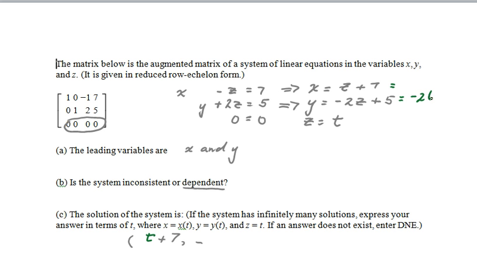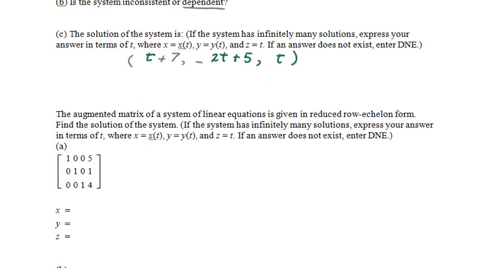So negative 2t plus 5 and t plus 7. So we've got t plus 7, comma, negative 2t plus 5, comma, t. That's our general solution. And putting in any value for t will give us another one of the infinite number of solutions. So let's look at the second example for this video.